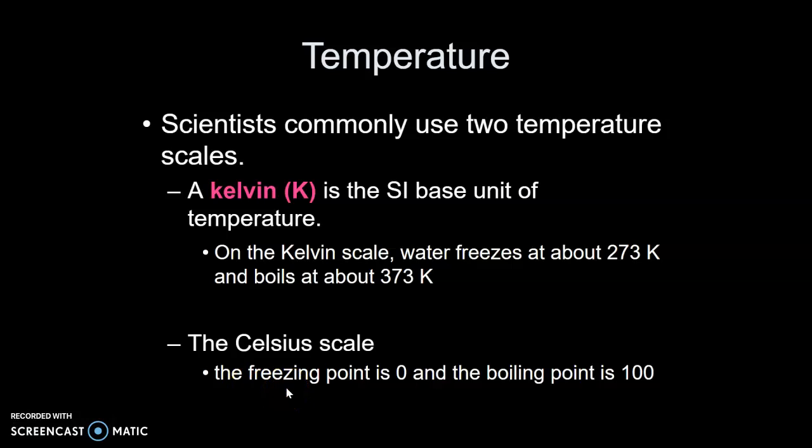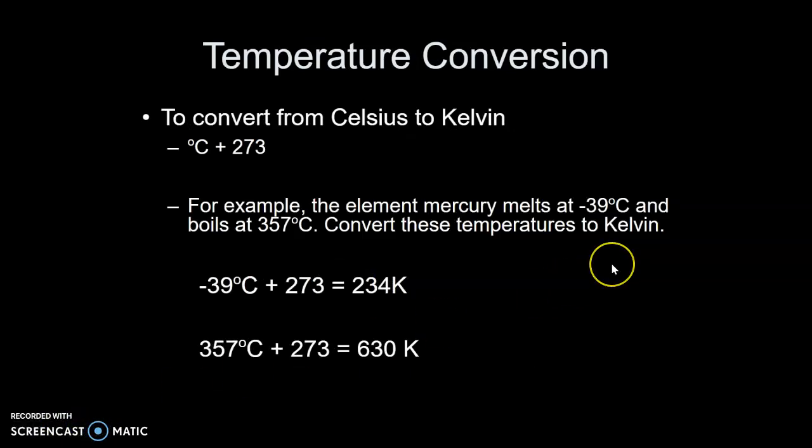So if we needed to convert between Kelvin, Fahrenheit, and Celsius, this would be basically a simple addition or subtraction problem. To go from Celsius to Kelvin, you take your degrees Celsius and add 273. An example here says the element mercury melts at negative 39 degrees Celsius and boils at 357 degrees Celsius.